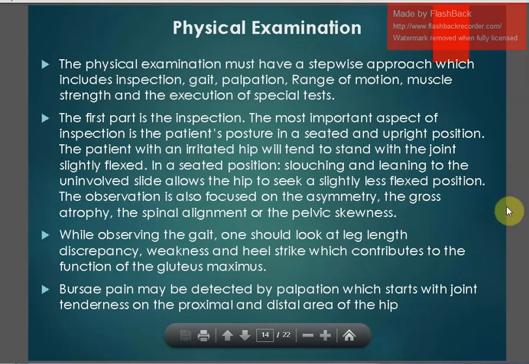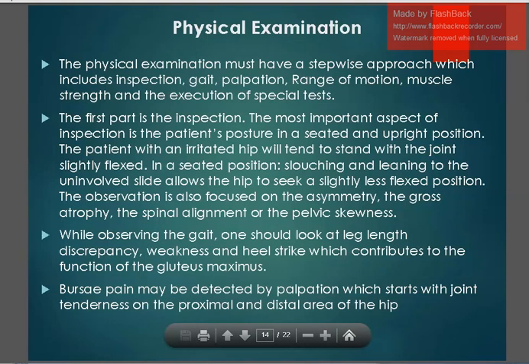Physical examination is very important and must have a stepwise approach, which includes inspection, the gait, palpation, range of motion, muscle strength, and execution of the special tests. The first part is inspection. The most important aspect of inspection is the patient's posture in seated and upright positions, how he is sitting and how he is standing.